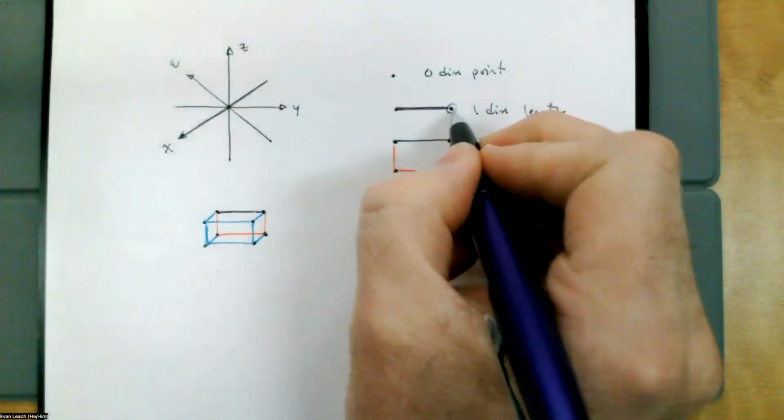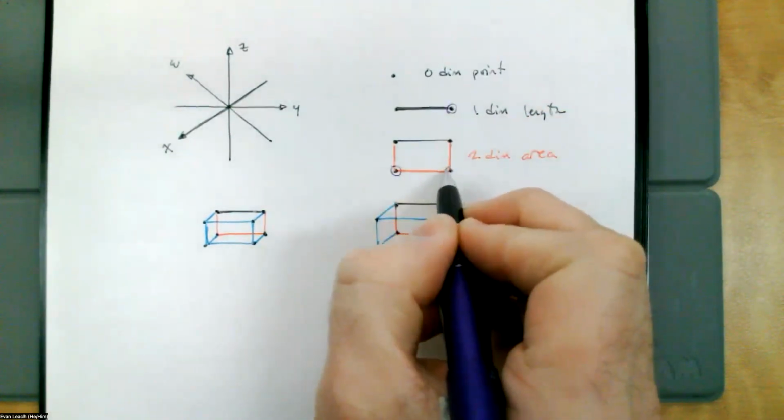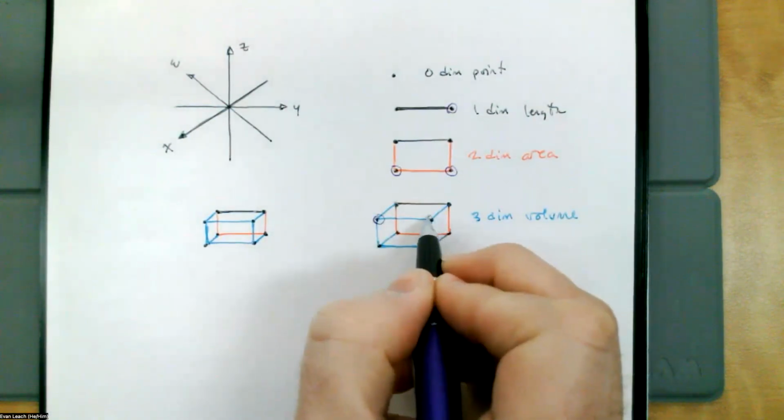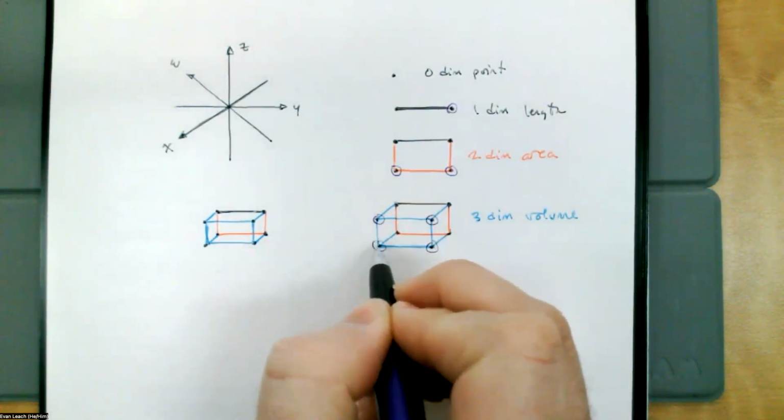So this is the new one that showed up. These are the 2 new ones that showed up. Then these 4 are the new ones that showed up.